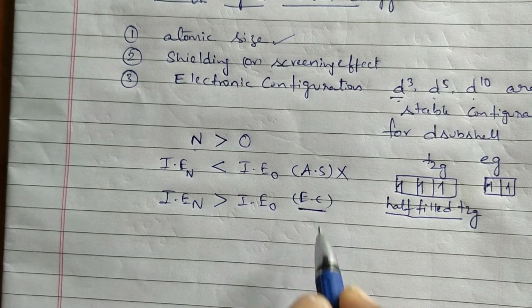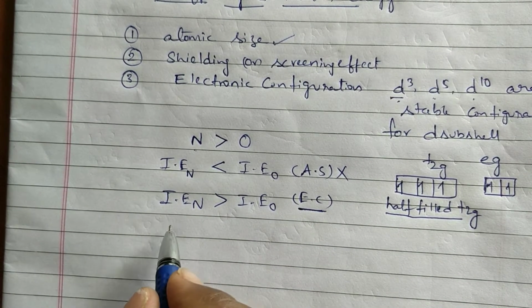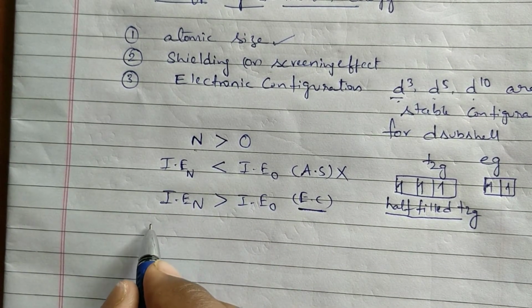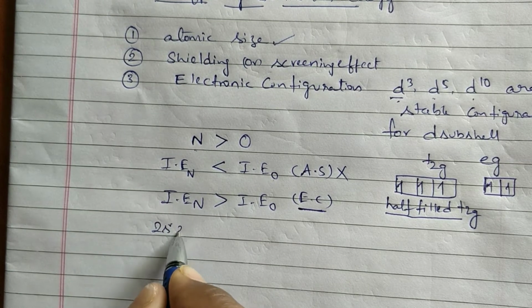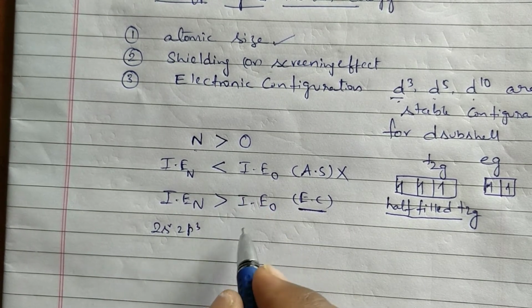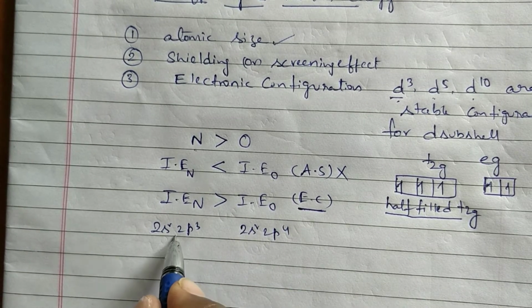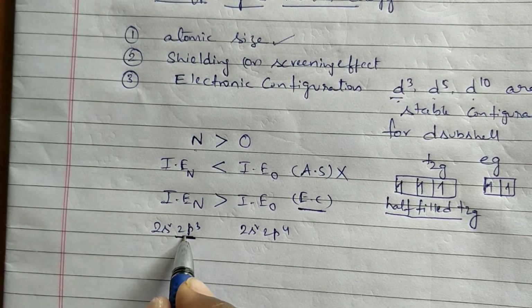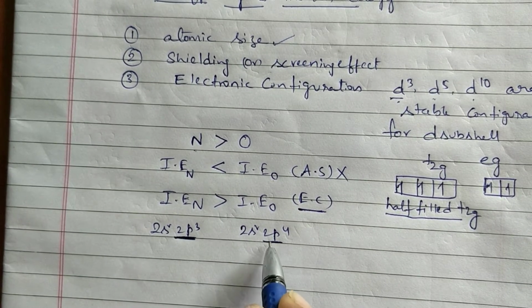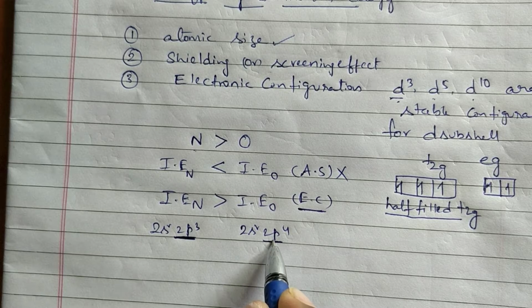Here, electronic configuration. Nitrogen's electronic configuration is 1s2 2s2 2p3. Oxygen's electronic configuration is 1s2 2s2 2p4. Removing an electron from 2p3 is very difficult because it has a half-filled configuration. In oxygen it is not half-filled, so we can remove the electron easily.